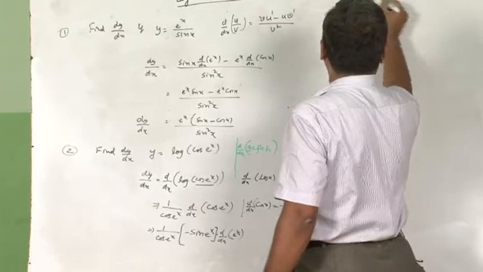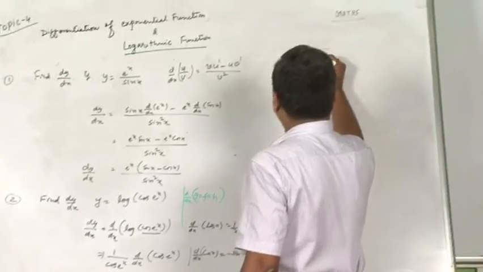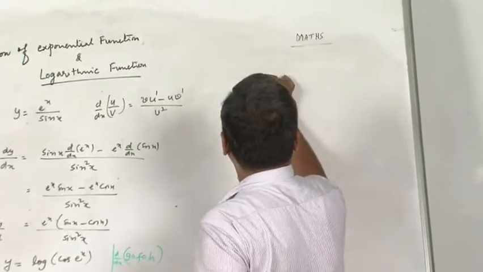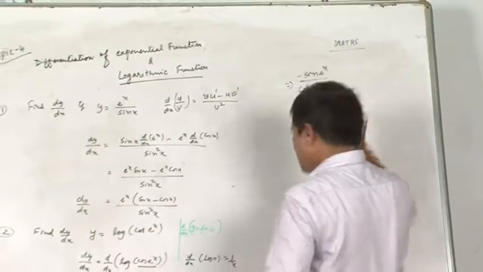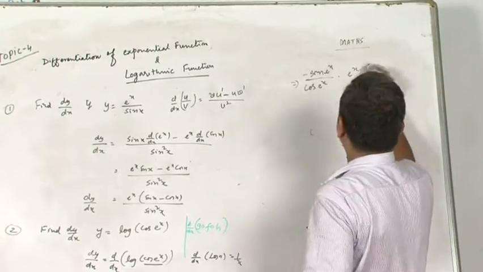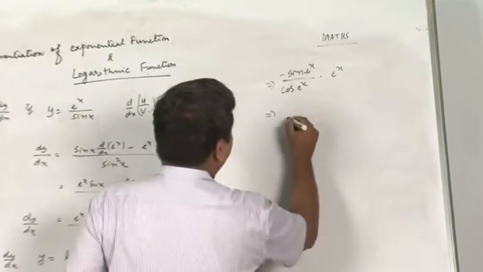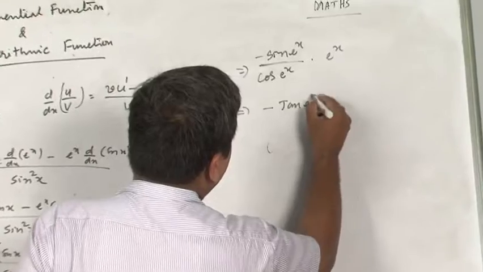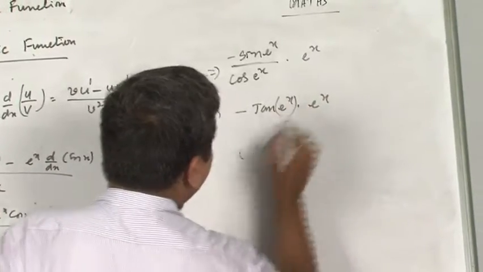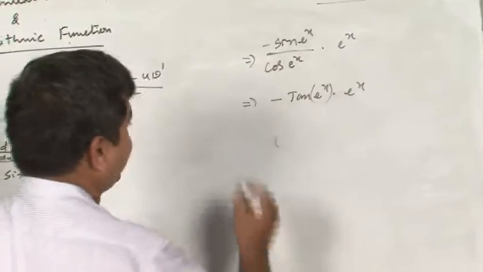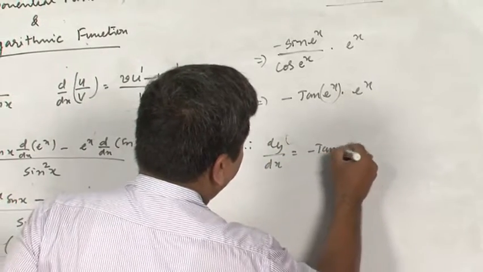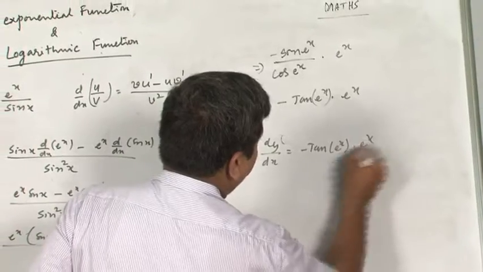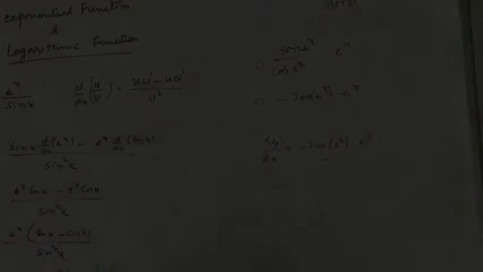This is again 1 upon cos e power x, minus sin e power x into differentiating e power x, which is e power x. It is like tan e power x into e power x, sin theta by cos theta. Therefore, dy by dx is equal to minus tan e power x into e power x, which is your answer.